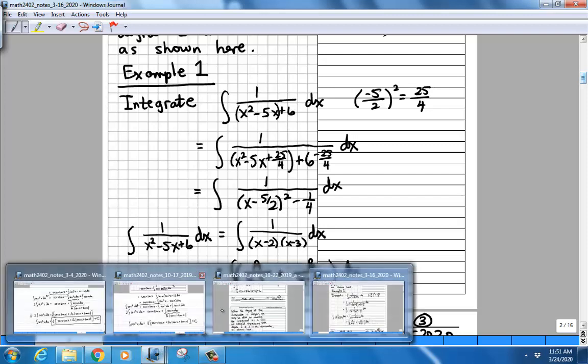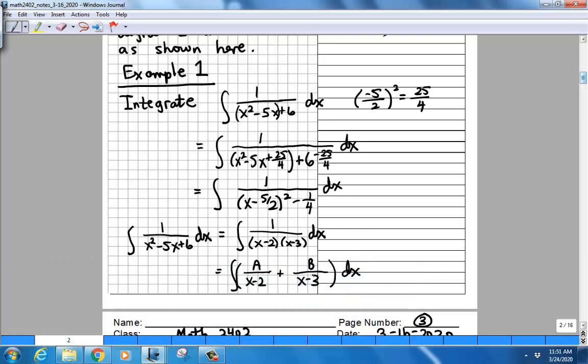The way we're going to do that is to add these two fractions together. So I'm actually going to add these two fractions back together, and let's do this over on the right-hand side, so I don't have to keep rewriting this integral sign.